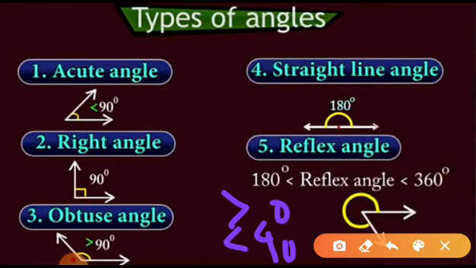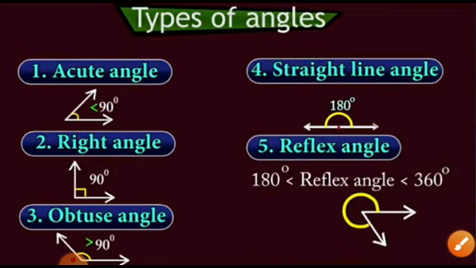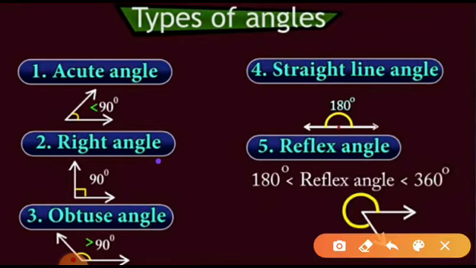Then the right angle. Right angle means if the measure of the angle is exactly 90 degrees. Then what is an obtuse angle? If the measure of the angle is greater than 90 but less than 180, then that angle is said to be an obtuse angle.